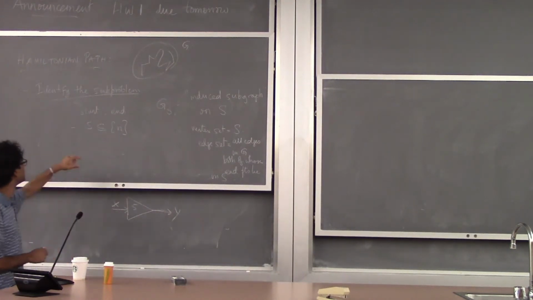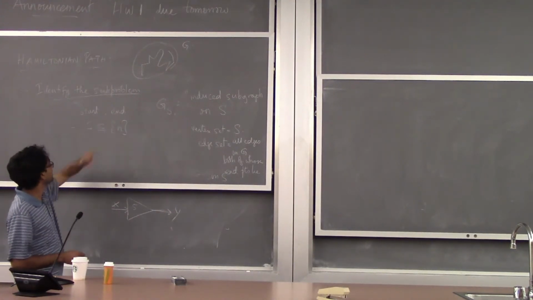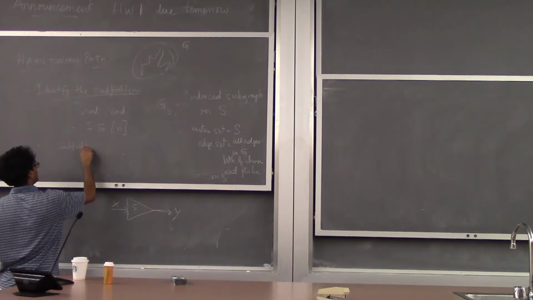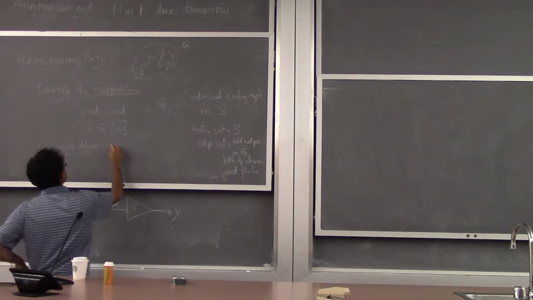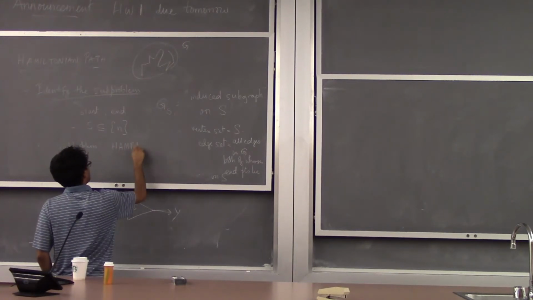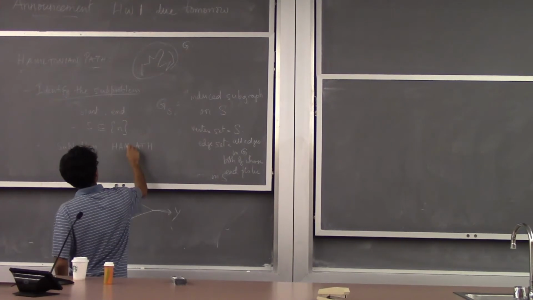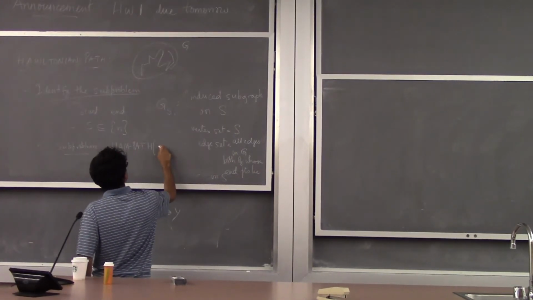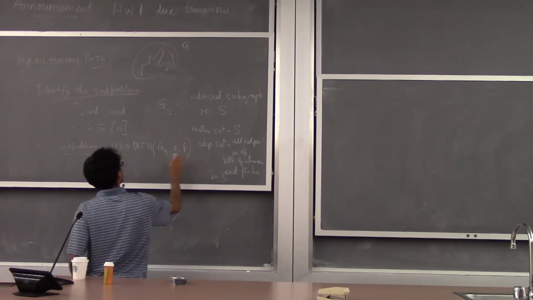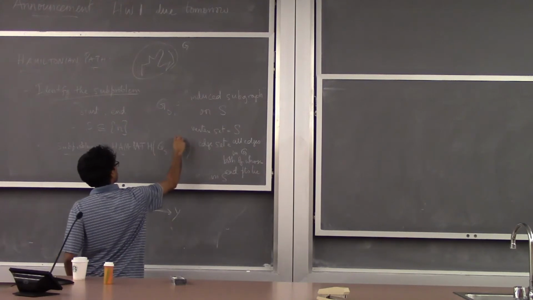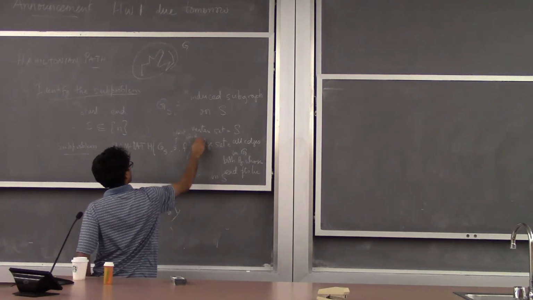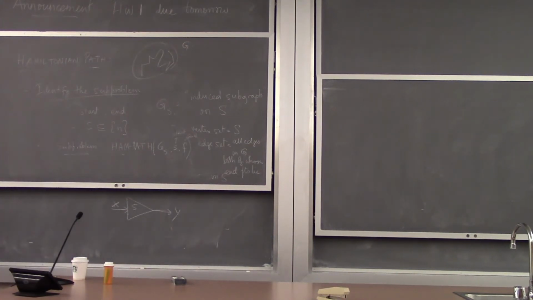So that's G sub S, and additionally you have this start and end, and the subproblem is basically: does there exist a Hamiltonian path of G sub S from start to finish.